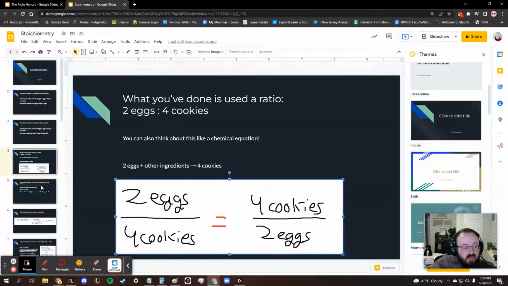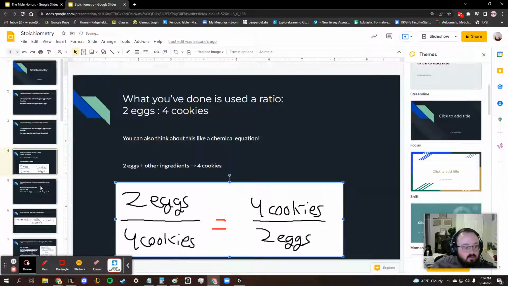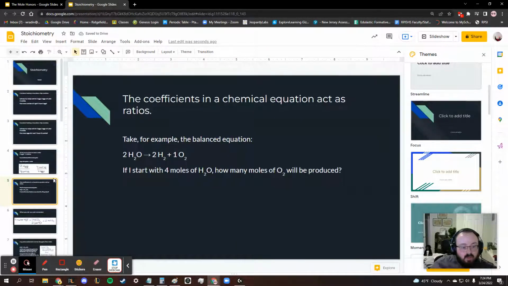And it's the same exact thing for a chemical equation. If we take this balanced equation right here, just like those eggs and cookies, you can do conversions with this. If I start with 4 moles of H2O, how many moles of O2 will be produced? Well, let's look at our ratio. Our ratio is this 2 here to this 1.